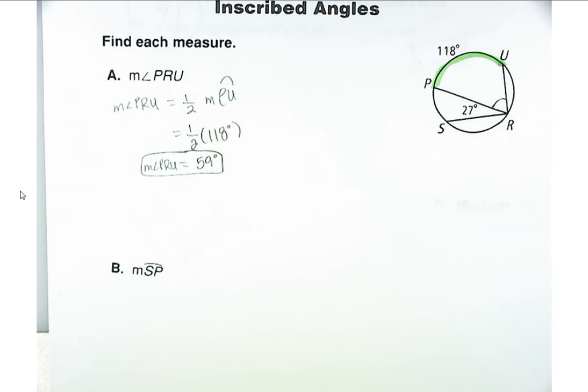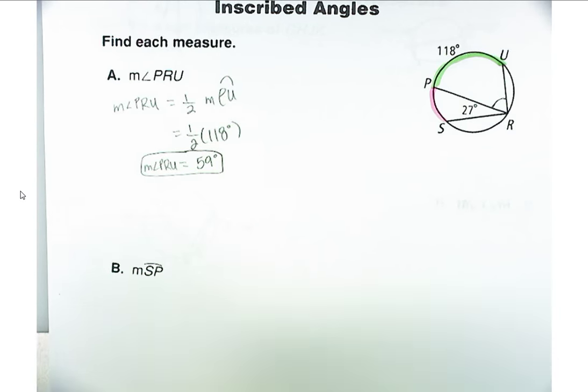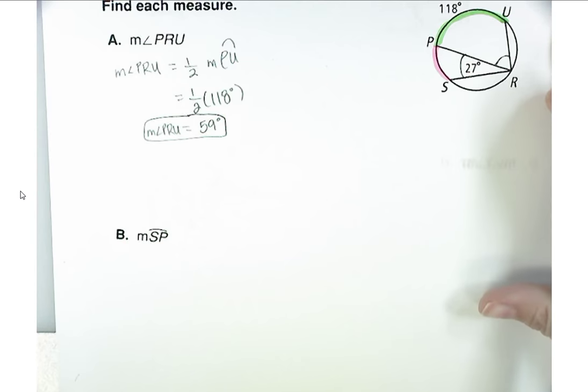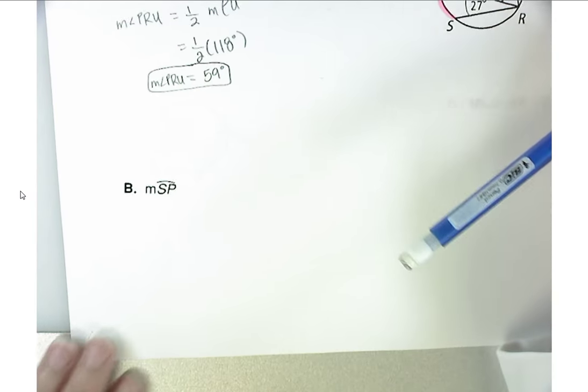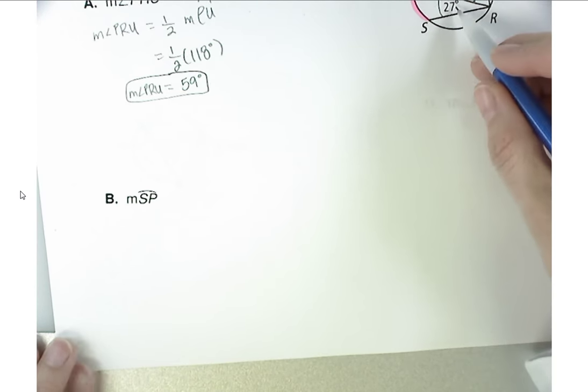All right, now the next thing we're going to find is the arc of SP. Right, so the arc SP is what we're trying to find. This is the arc here, and then we are given the inscribed angle, which is 27. Right, so remember I told you you could think of the arc as double this angle.